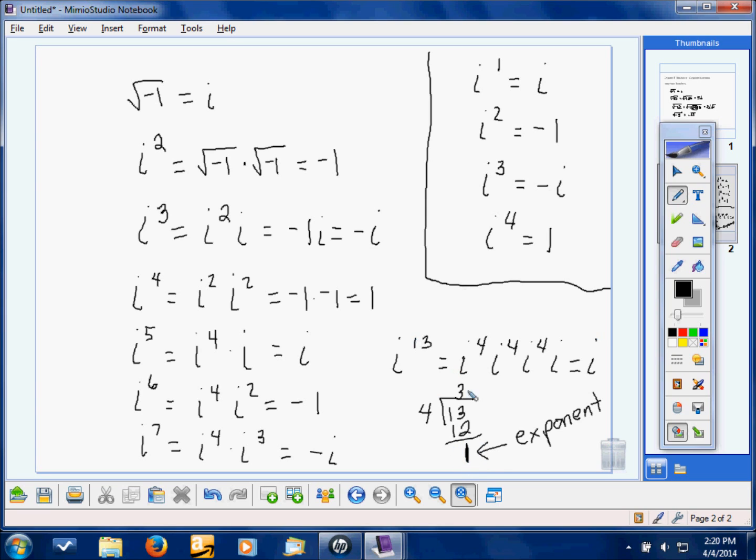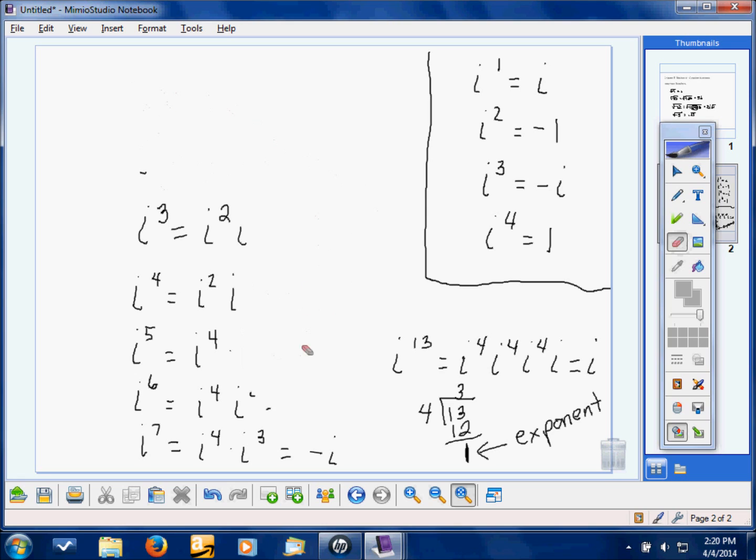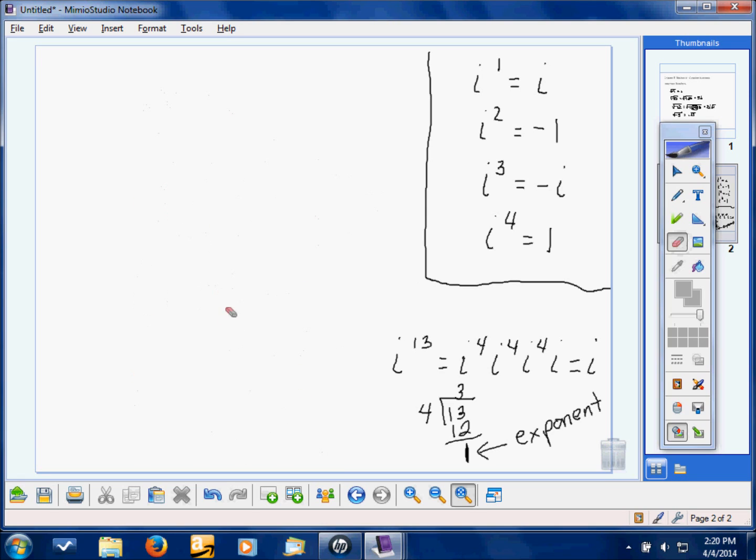Okay, let's get a crazy one here, i to the 25th. We'll take 25 and divide it by 4. Even if you did that in your calculator, you would get 6 point something.